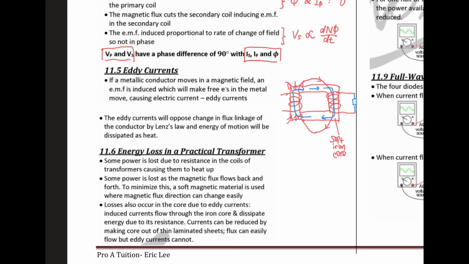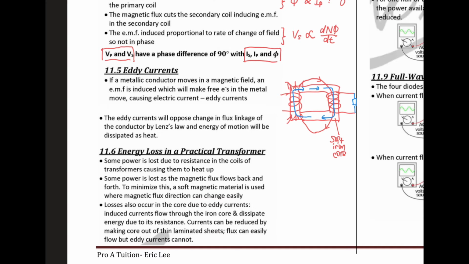The induced current flows through the iron core and dissipates energy due to its resistance. That means energy loss as heat. Eddy current can be reduced by making the core out of thin laminated sheets.